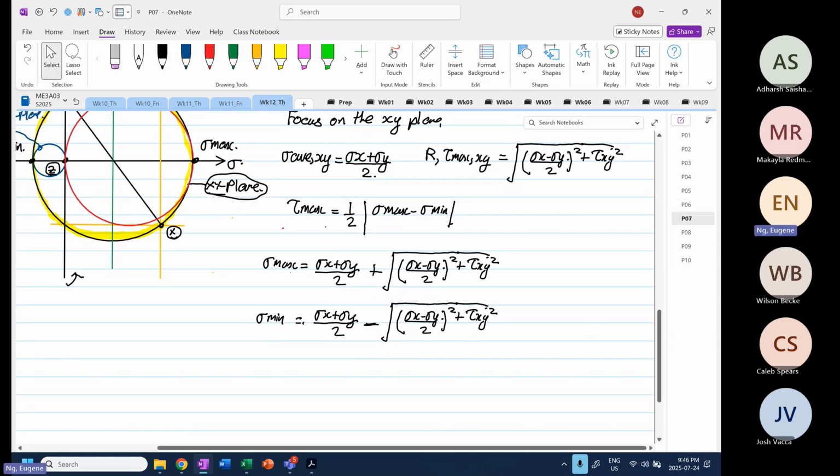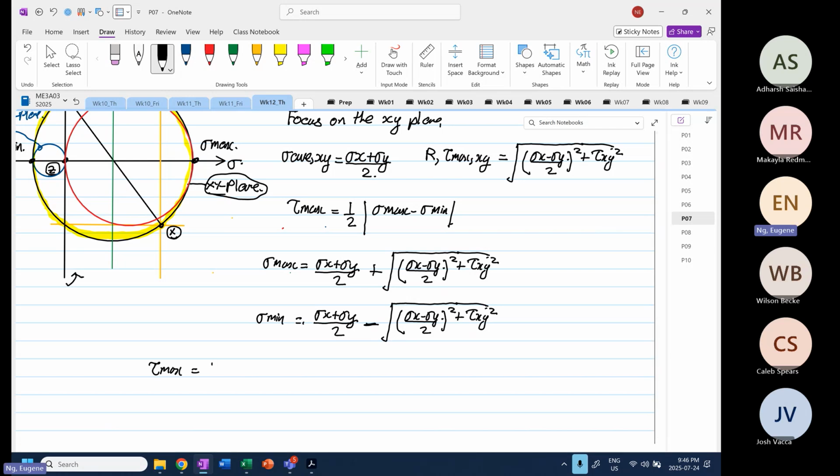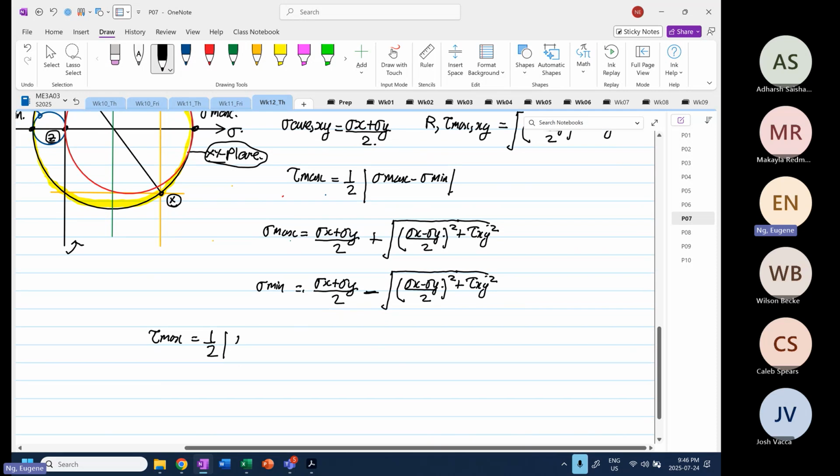So tau max now is equal to half the absolute value of stress max minus stress mean.